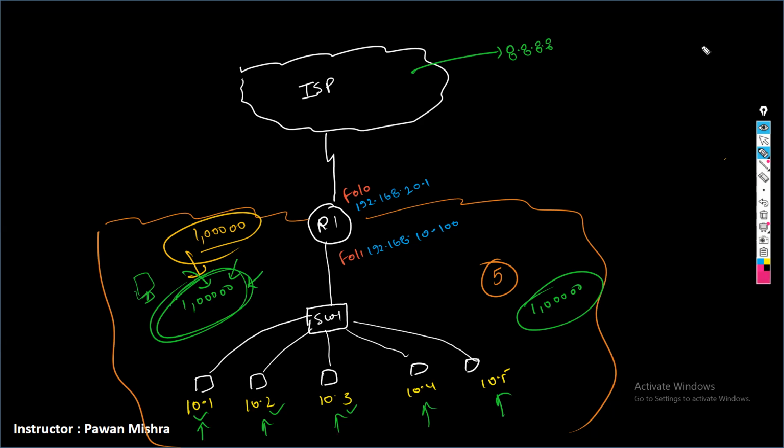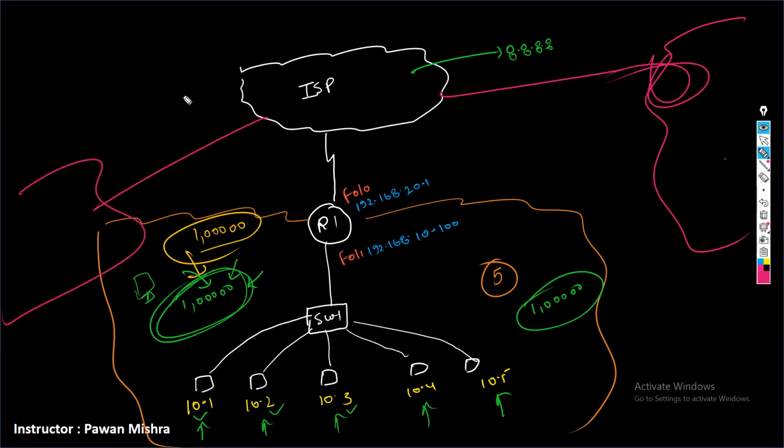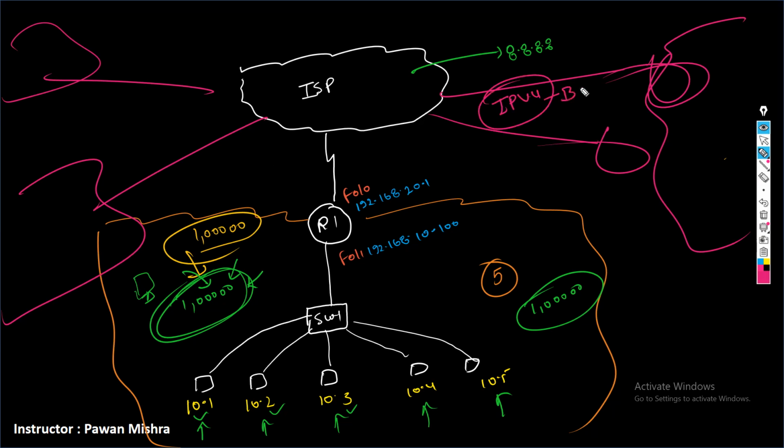Let's say if we have another company, all over the world there are a lot of companies. This is also a company, here one more company is there, and here one more company. If we have a lot of companies, then in IPv4 we have 4 billion IP addresses, and those 4 billion IPs reduce, right?